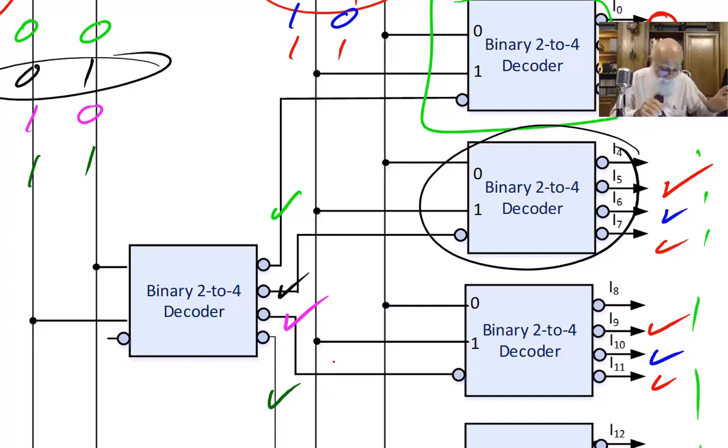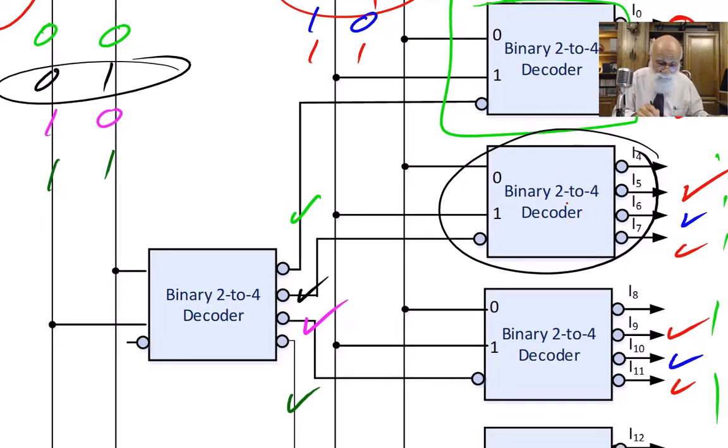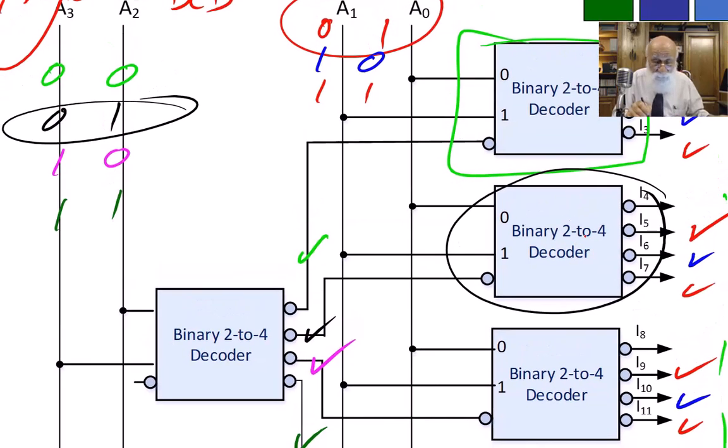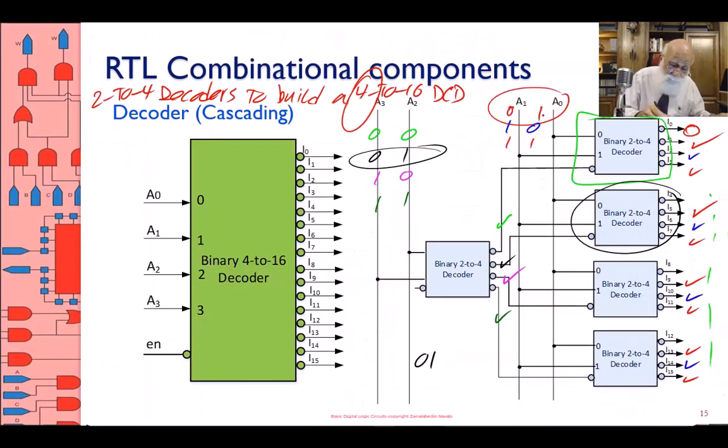I guarantee that, because only the black check mark is active, and the black check mark is going into the second from the top binary decoder. And that binary decoder, depending on A1, A0, if it is, let's say, 1, 0, only this is going to be active. Everything else will be inactive.